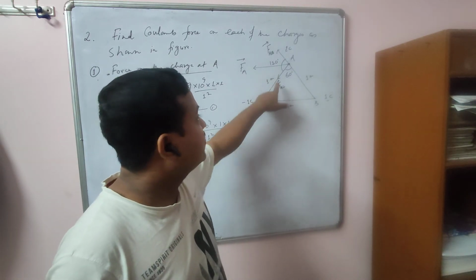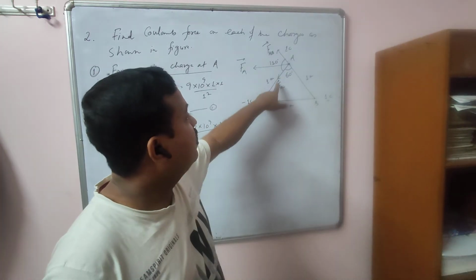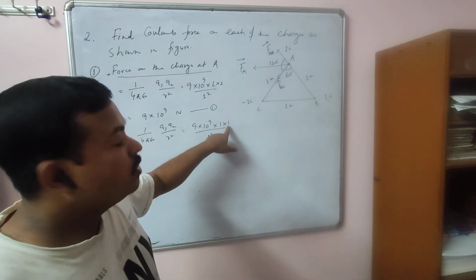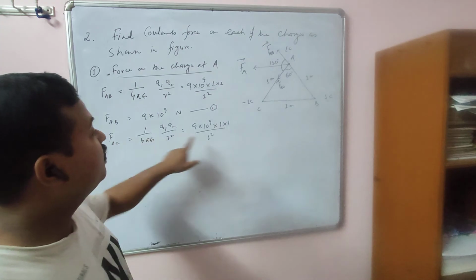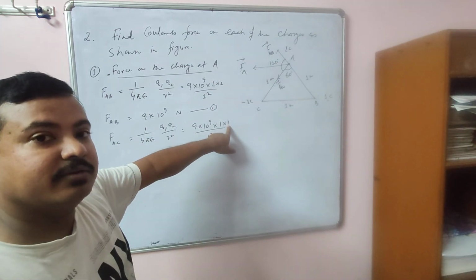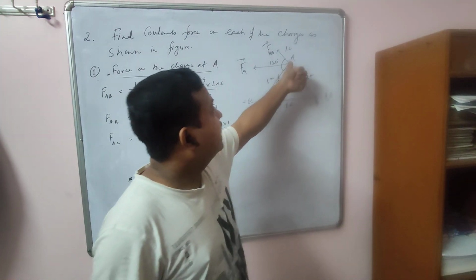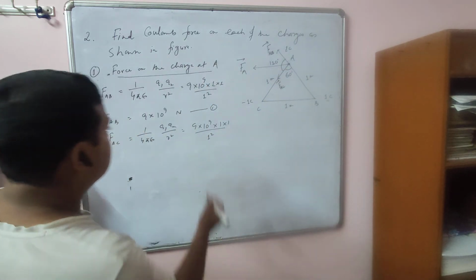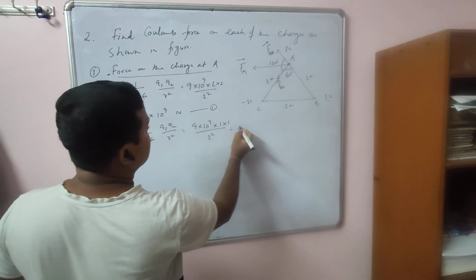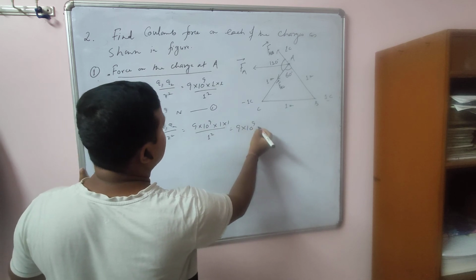It is negative, that is why it is attractive. We are only taking the magnitude, so you put a positive sign. It is 9 into 10 to the power 9 Newton.